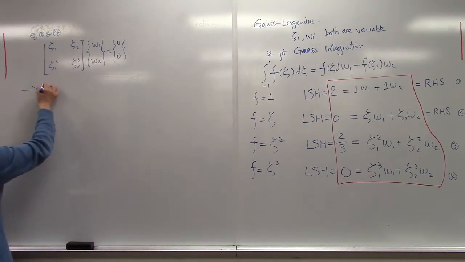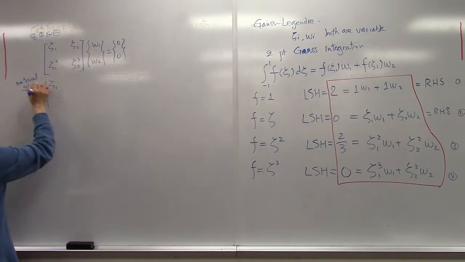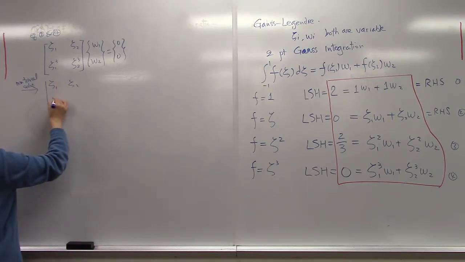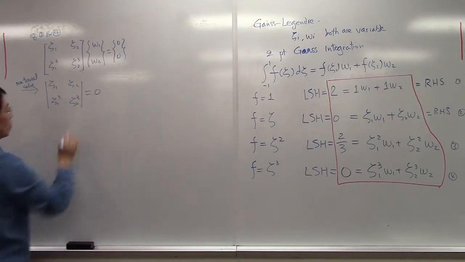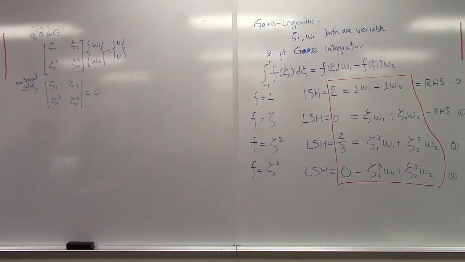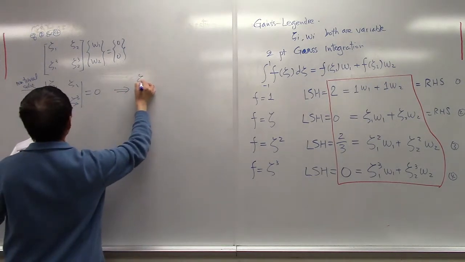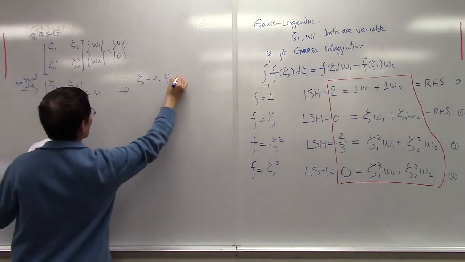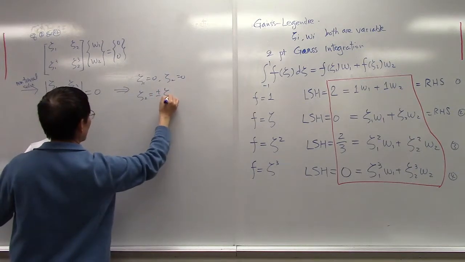Therefore, for a non-trivial solution, we need this equals 0. Okay? From that, we derive that it will be either theta 1 is 0 or theta 2 is 0 or theta 2 is equal to plus minus theta 1.